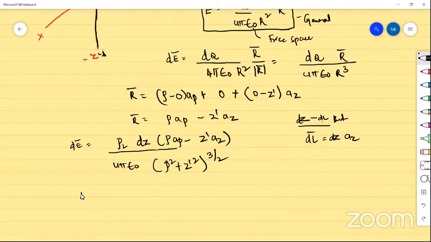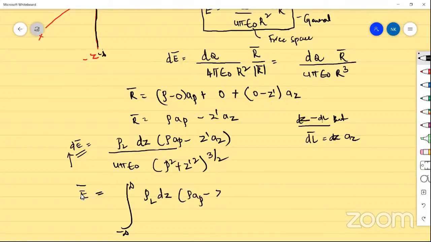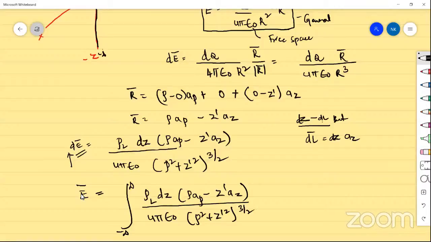From this, for a small length, it is the small electric field. Differential length, differential, a very small electric field. For total, what you have to do? You have to integrate between minus infinity to infinity, rho L into dz, rho a rho minus z a z, over 4 pi epsilon naught into rho square plus z square whole power 3 by 2.